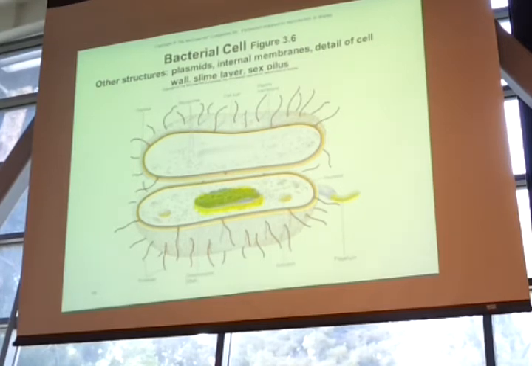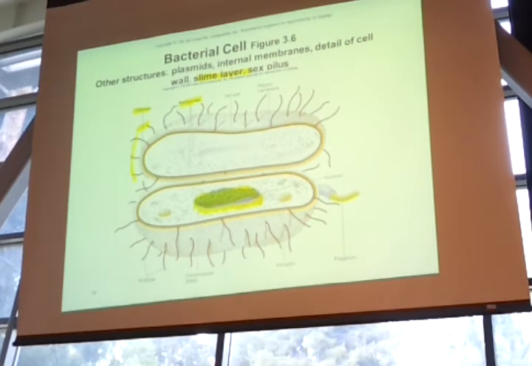So if we look back on this too, you can see the ribosomes, and you put last time that there are no ribosomes outside of the capsule. So you're going to ignore that. Here's the capsule, but you can also have a slime layer on here too. So if you were diagramming it, you could diagram the slime layer.